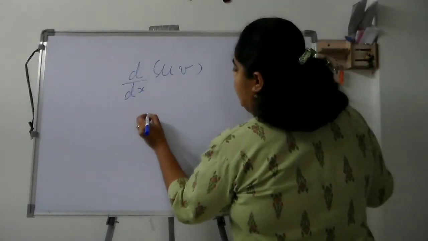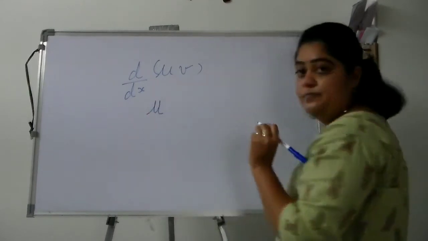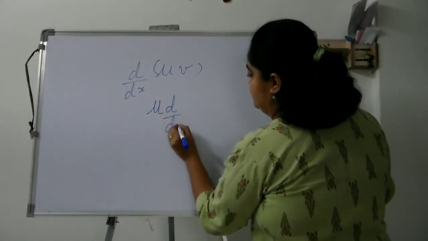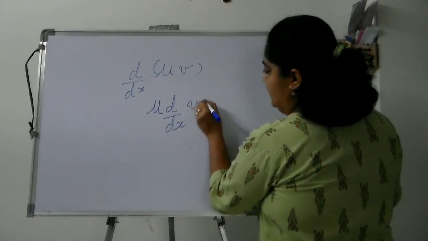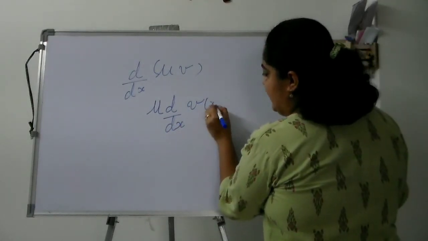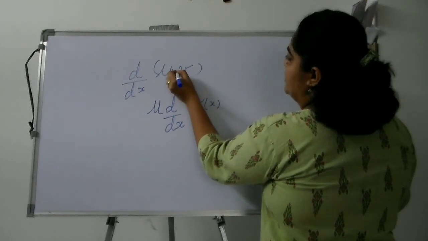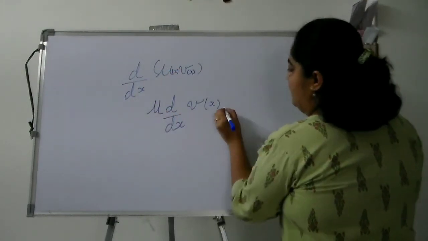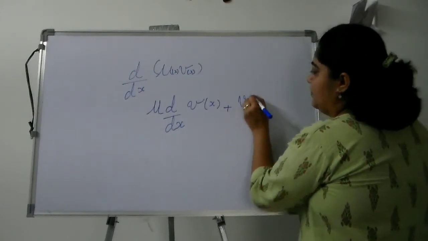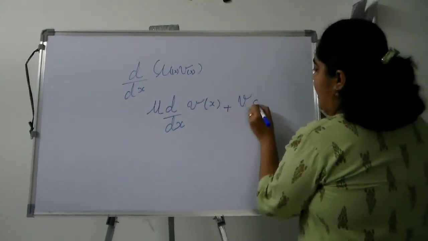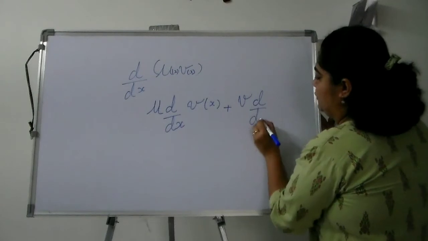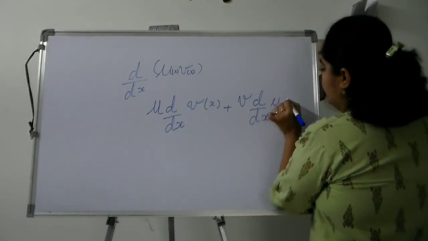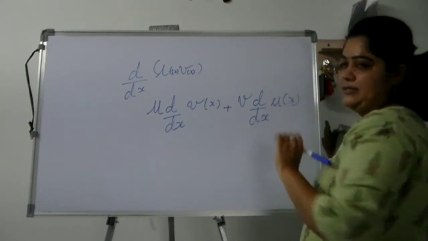First of all, take u as a constant and do the differentiation of v. But v is a function of x. This is a function of x. This is also a function of x. Plus now keep v constant and do the differentiation of u. This is also a function of x.